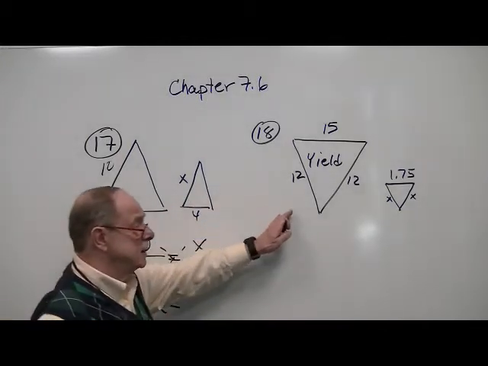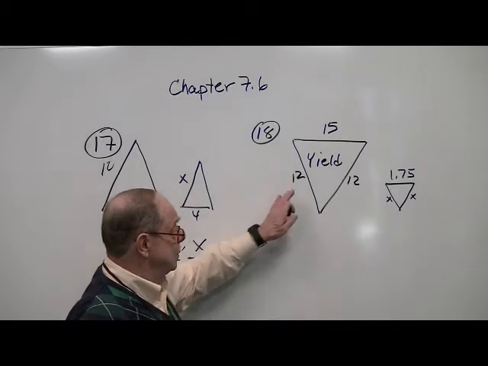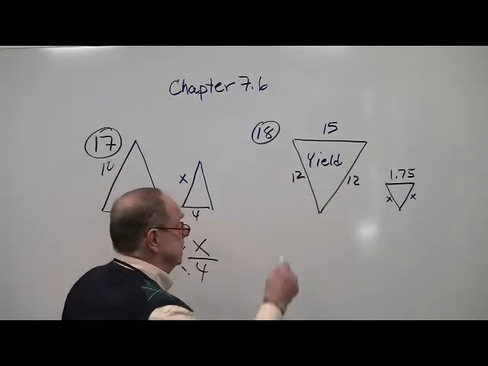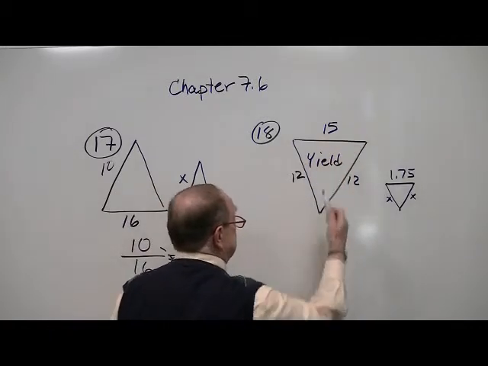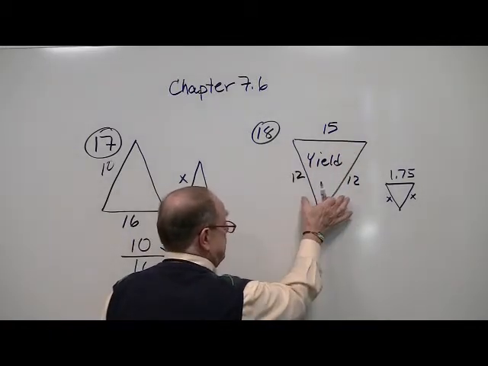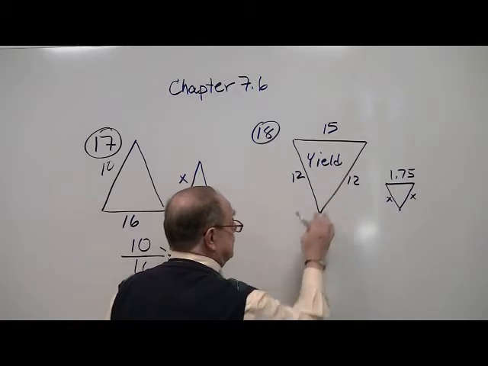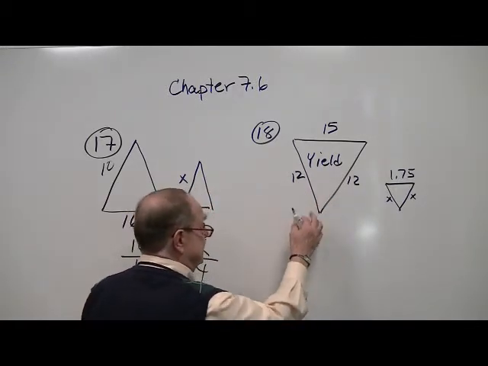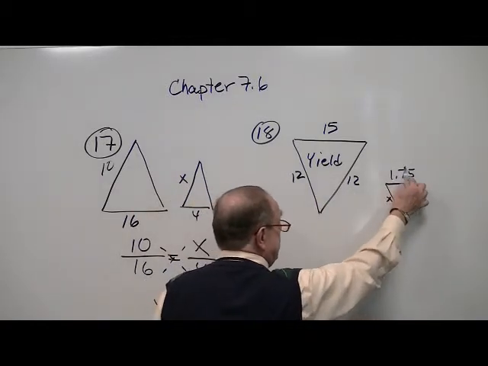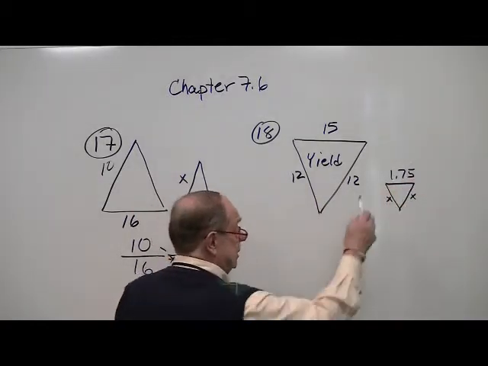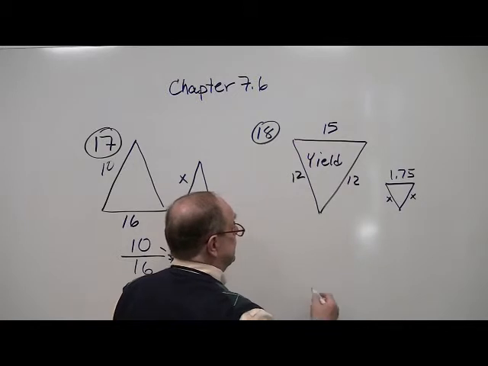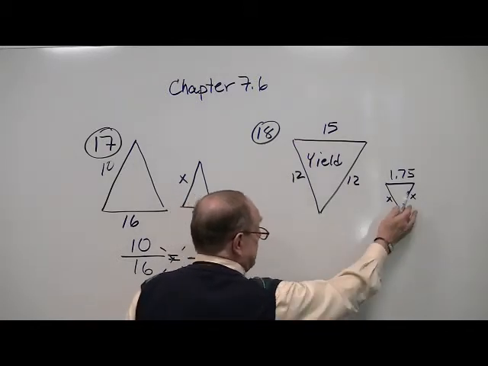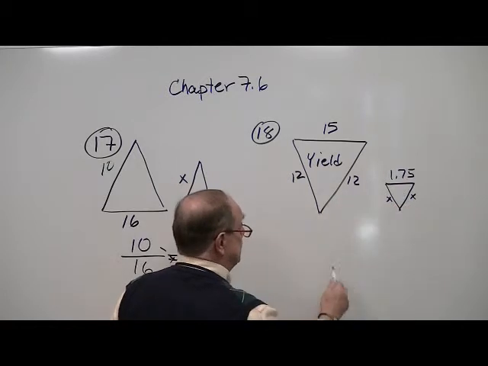Again, in a similar thing, they're giving you a word problem where a man has a sign that is 15 units that way, and then these sides are 12 and 12. And he wants to make a model of this sign that's only 1.75 units long. So the ratio, since these sides are the same, we want to find out what would the sides be.